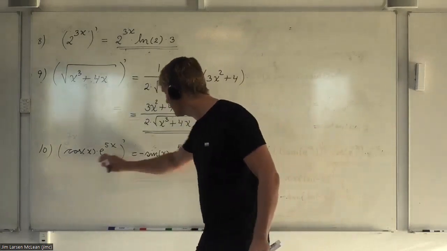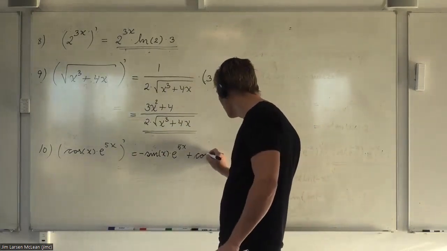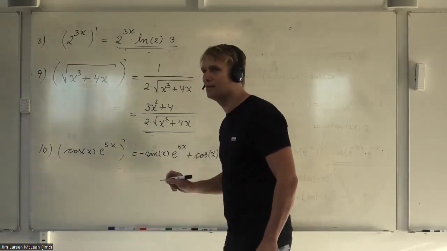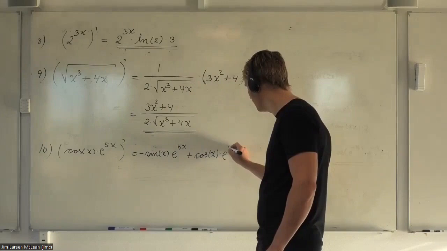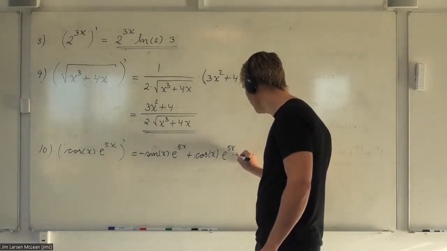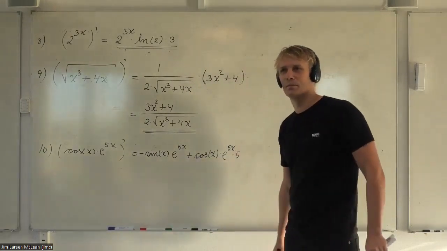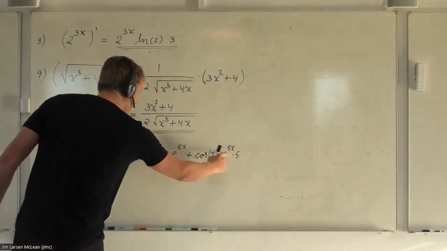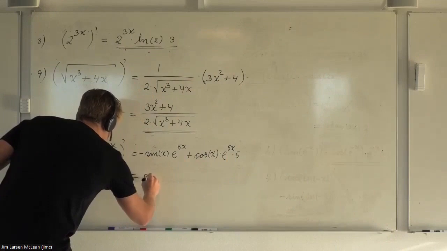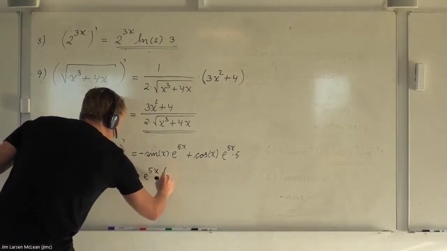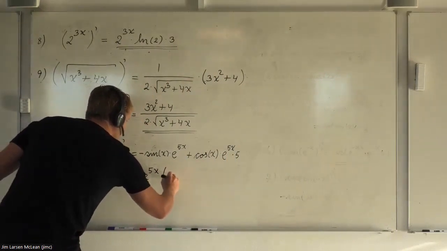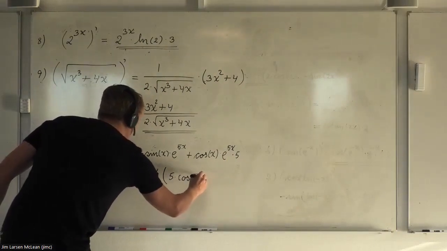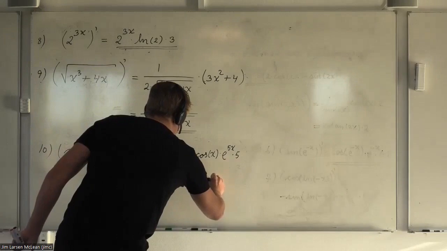Then I leave the first factor untouched, which is cosine of x, and then I differentiate e to the power of 5x. It first gives itself, e to the power of 5x, but I must remember to multiply by 5 because it's a composite function. I see e to the power of 5x is a common factor, so I can write it more nicely as e raised to the power of 5x times 5 cosine of x minus sine of x.